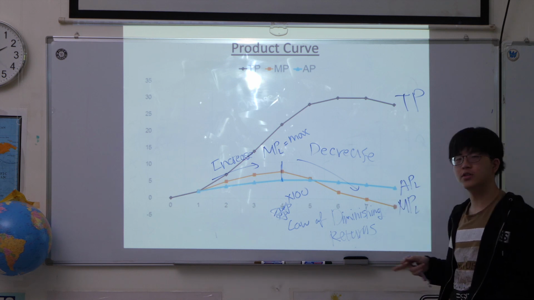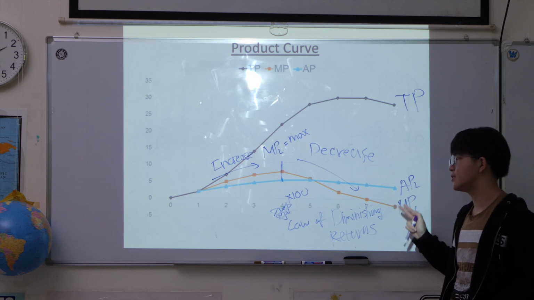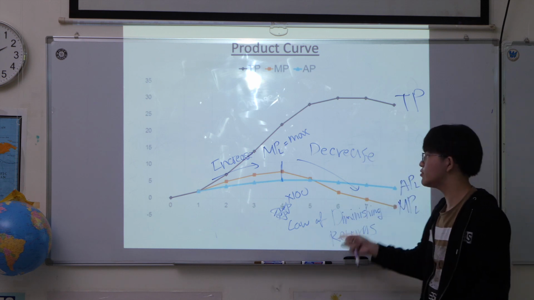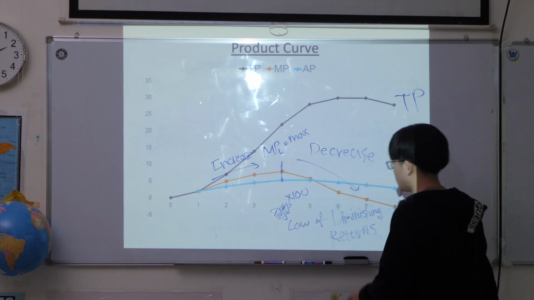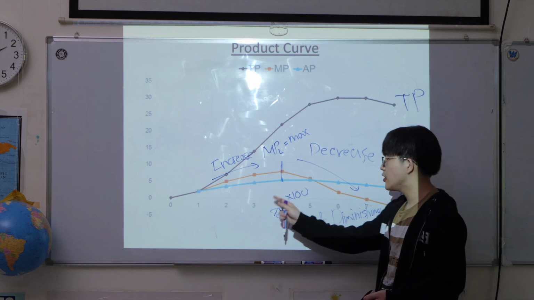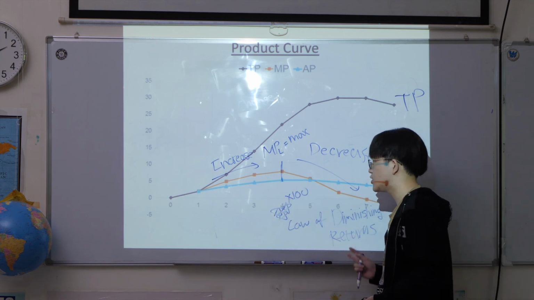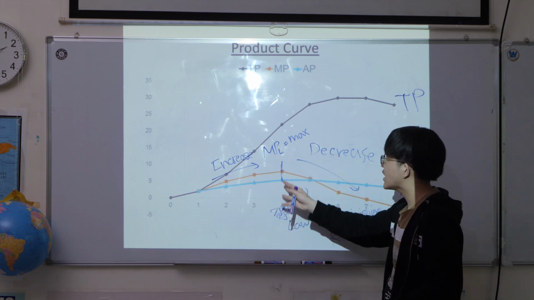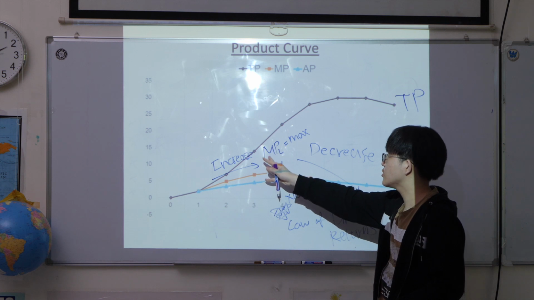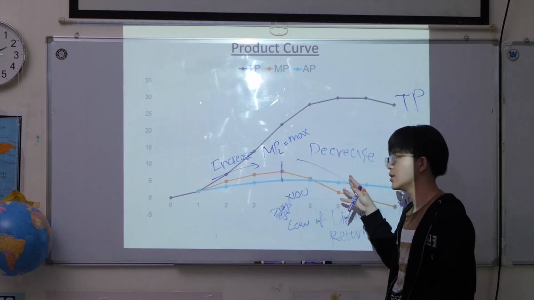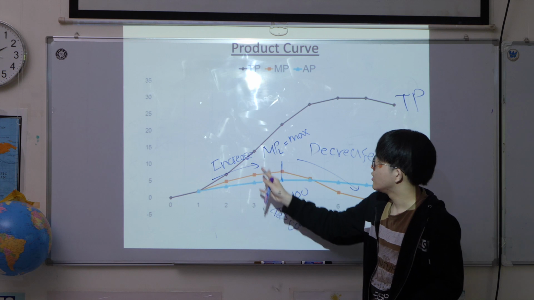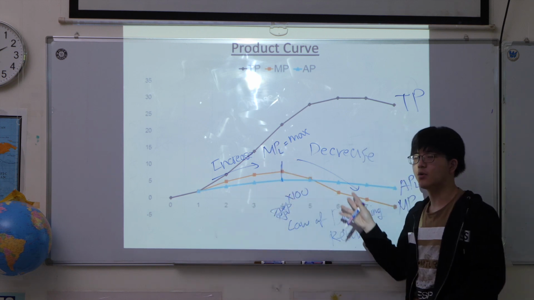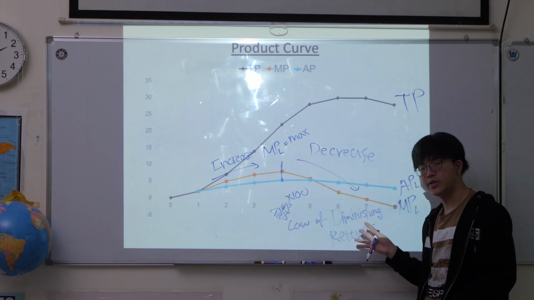What is the law of diminishing returns, and how can you find this in this curve? You should be able to draw this curve as well. So this point is where the law of diminishing returns happens, and that is the point where marginal product of labor is maximized. Before this point, marginal product of labor will increase, and after this point, it will decrease.